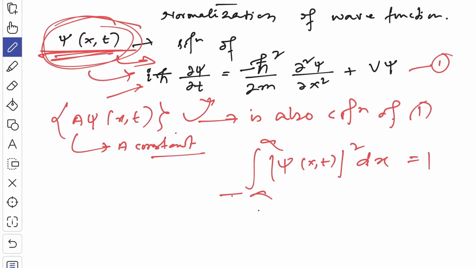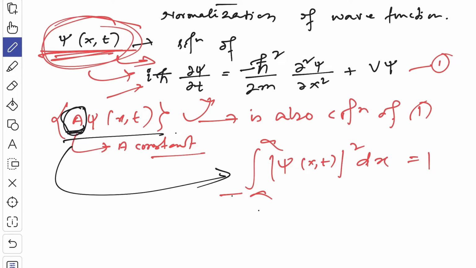Hence we need to find such a value of A so that it also satisfies this condition, and this process is called normalizing the wave function. So hope you have understood this.